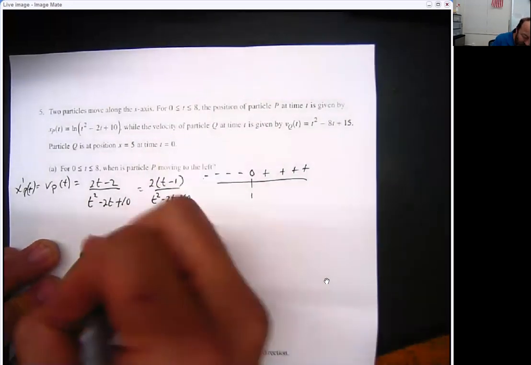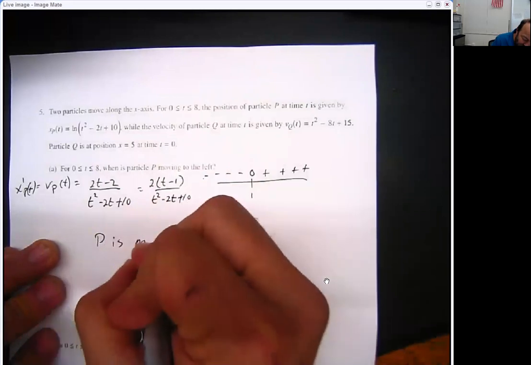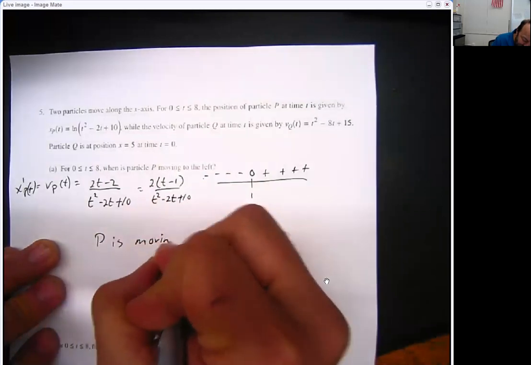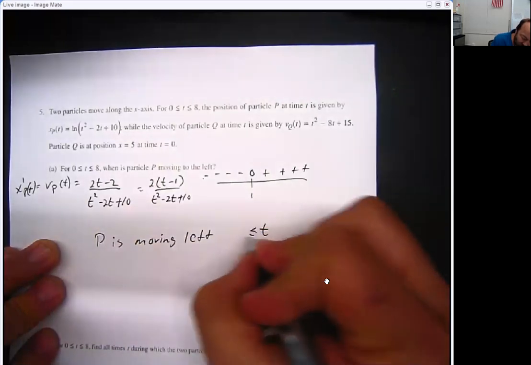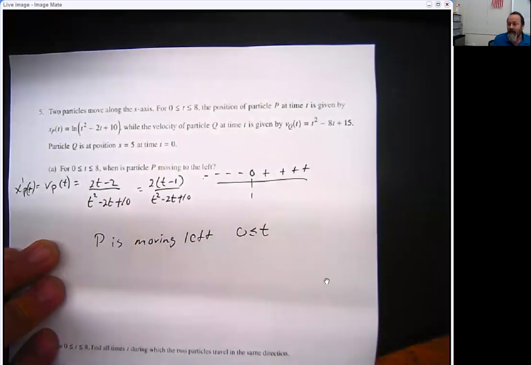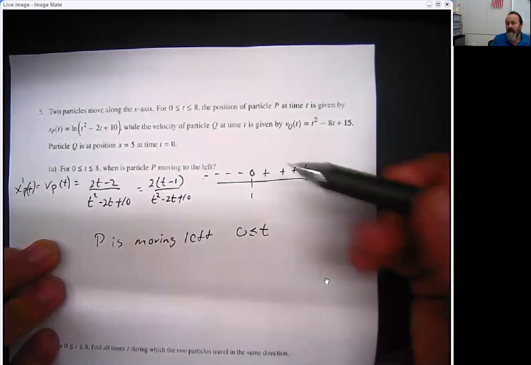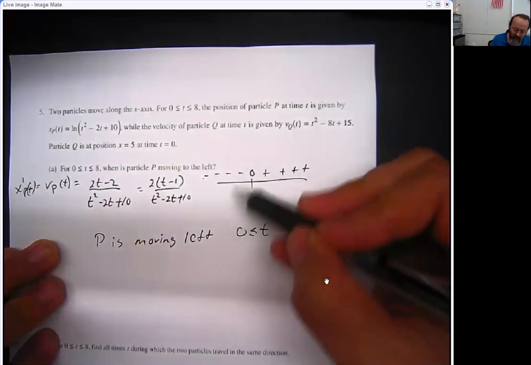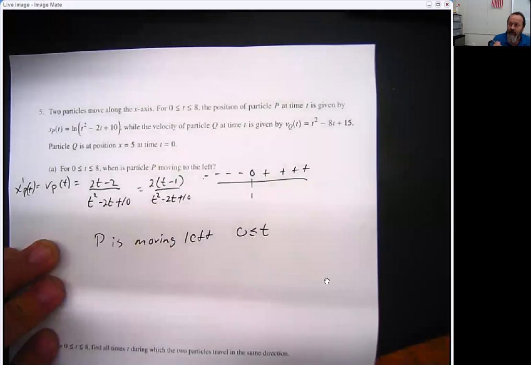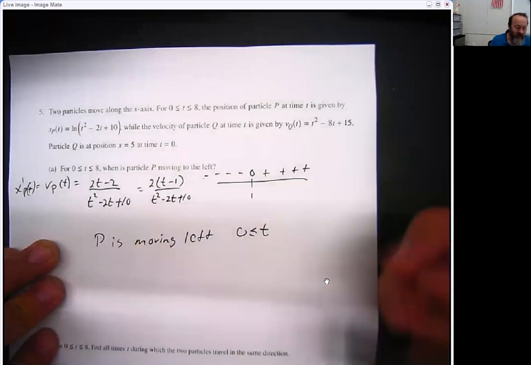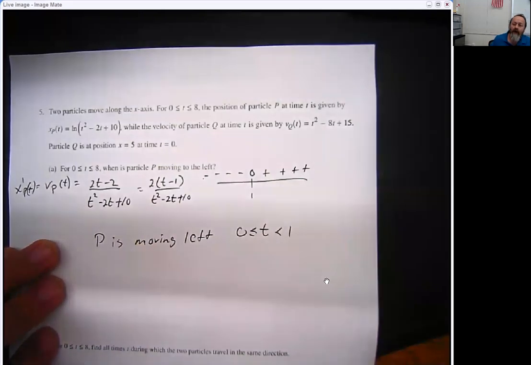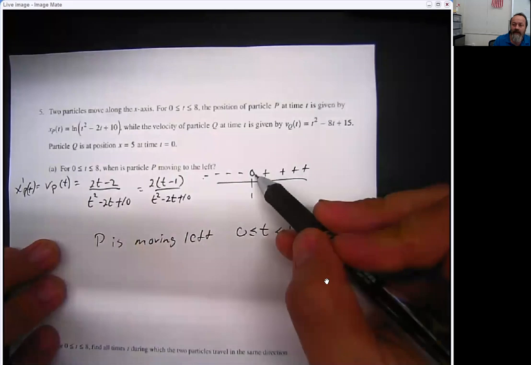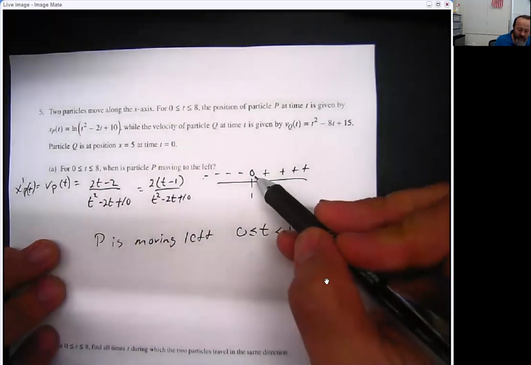So it appears that P is moving left in the region of t that starts at 0, because at 0, even though it's kind of strange to say something is moving to the left at 0, effectively when we opened our eyes and looked at this thing at time 0, it was moving to the left until 1, but at 1 it is no longer moving to the left. It is actually stopped because its velocity would be 0.